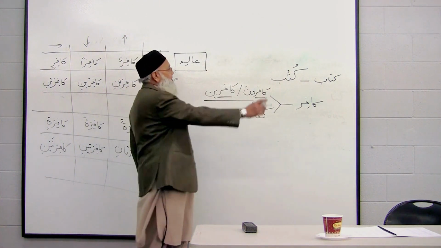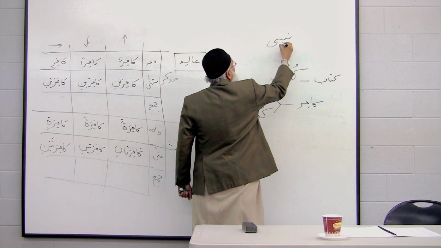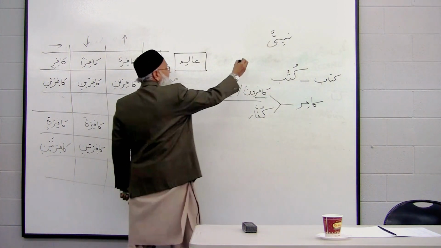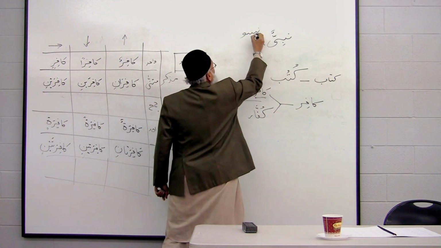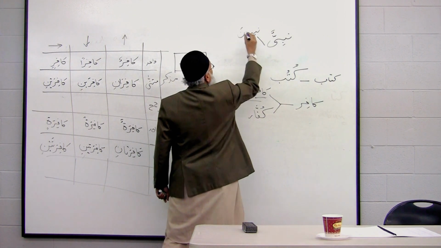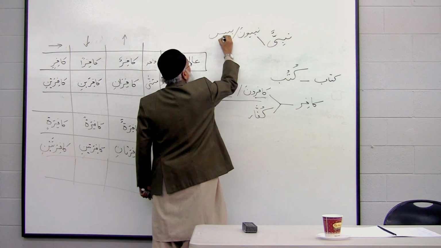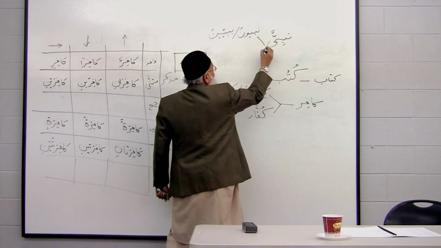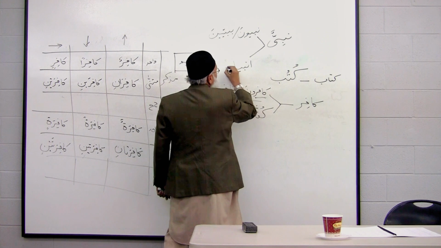Similarly, Nabi has got two plurals: Nabiyuna and Nabiyina. These are regular. And Ambiya'. This is broken.